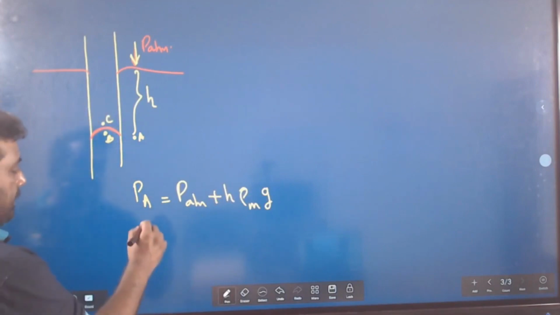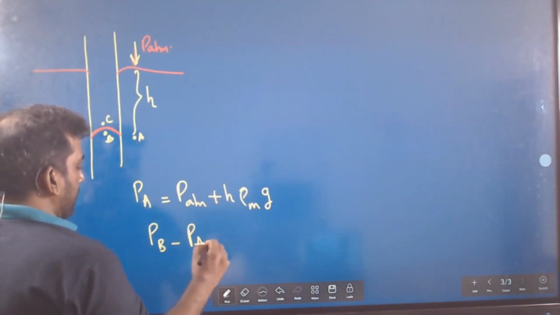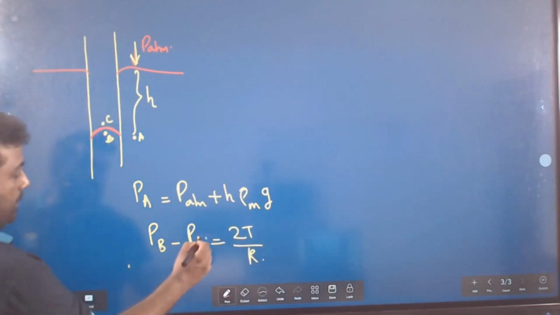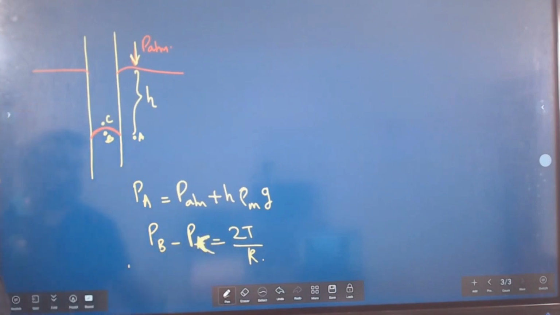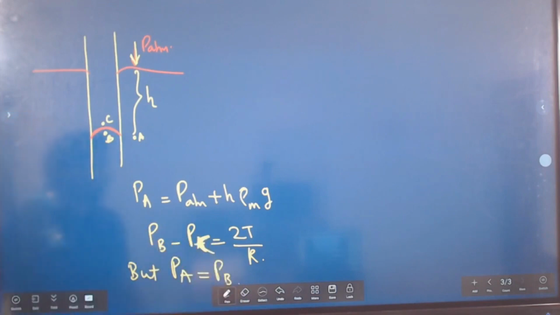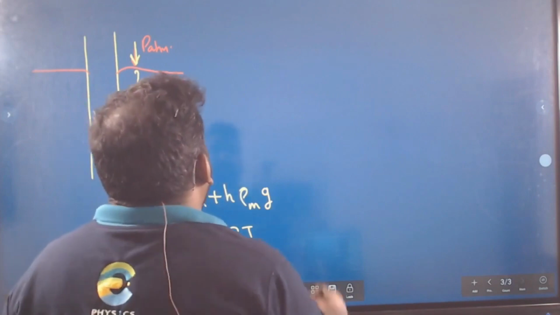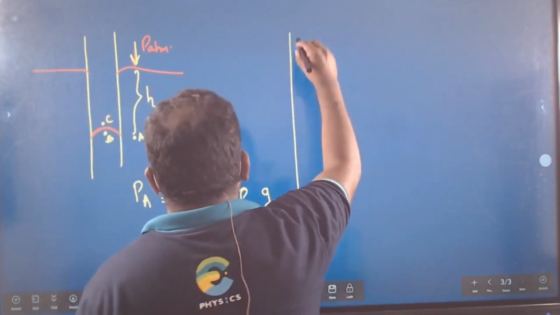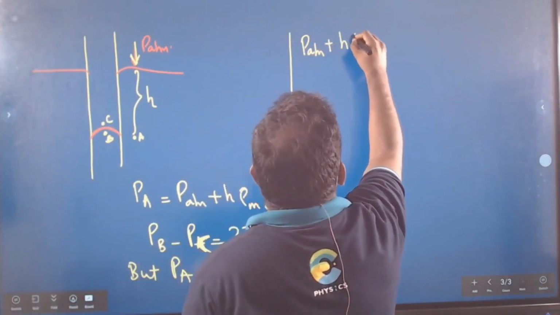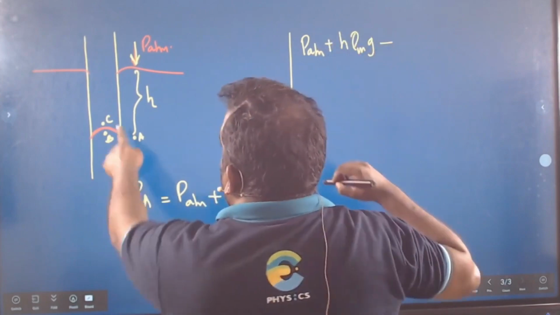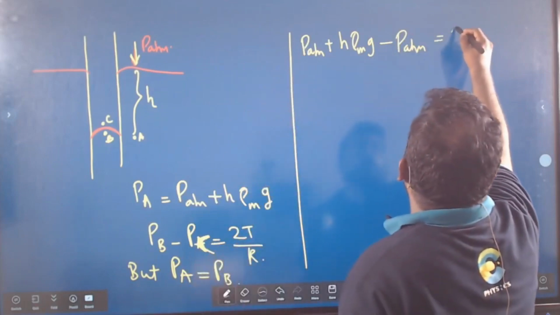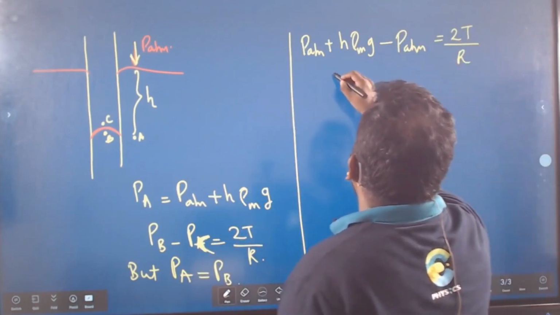Also, for the pressure difference here, PB minus PC equals 2T over the radius of the bubble. But all of you know PA equals PB, same level. Simplify: for PB you can substitute P atm plus h rho mercury g. Pressure at C is equal to atmospheric pressure. That is equal to 2T over the radius of the bubble.